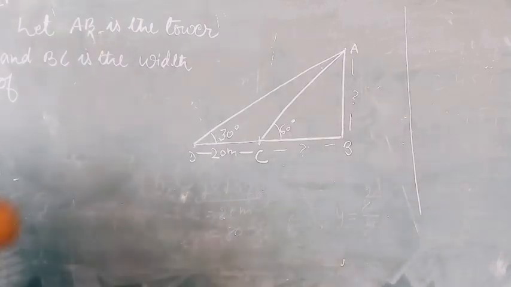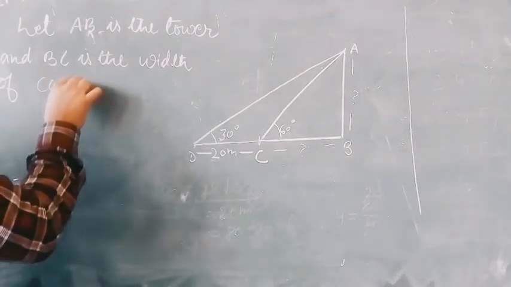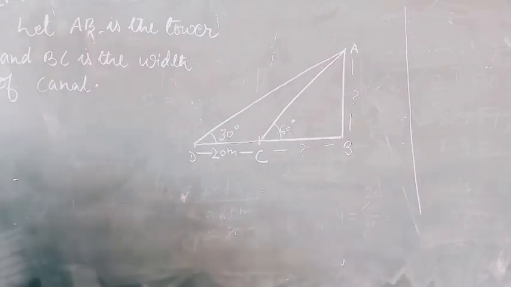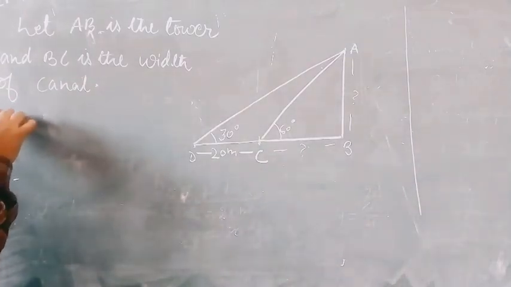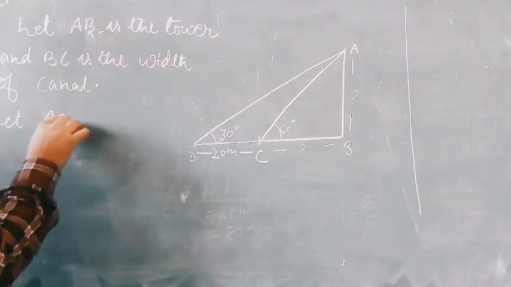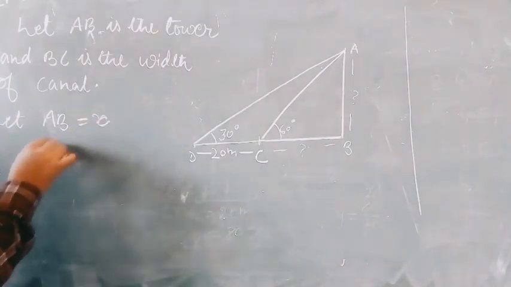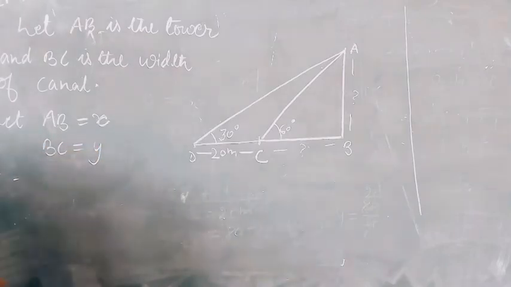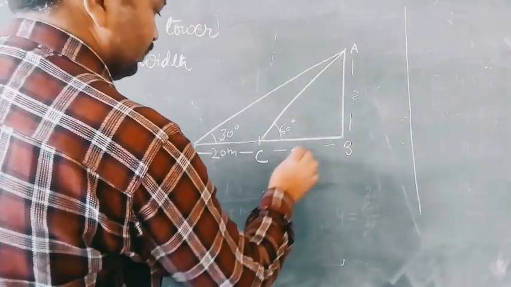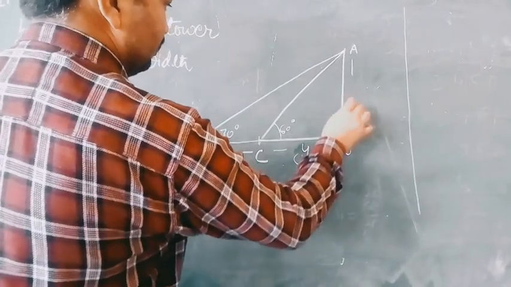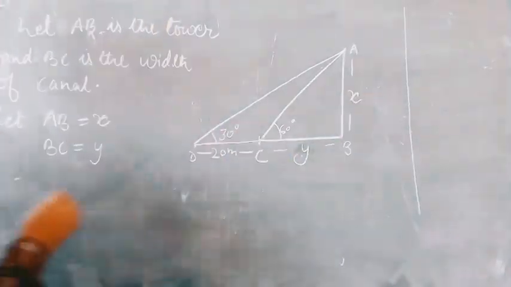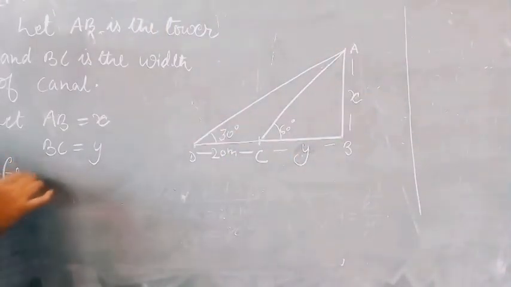So let us suppose AB equals to x and BC equals to y meters, because these both are unknown. So BC we are taking y and AB we are taking x.